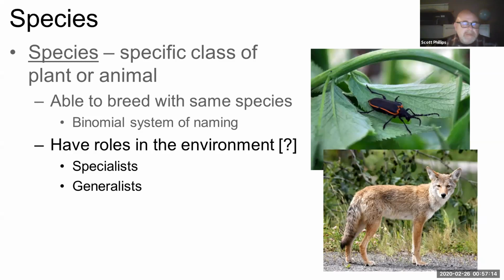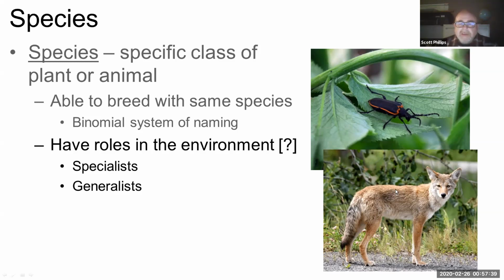One other thing about species, just a little bit about evolution, is that species have roles in their environment, and they have either a very specialized or a general existence. For example, this is the Valley elderberry longhorn beetle, which lives a very specialized existence, living only on elderberry plants. If there are no elderberry plants, no beetle.